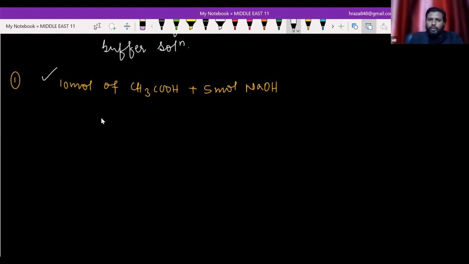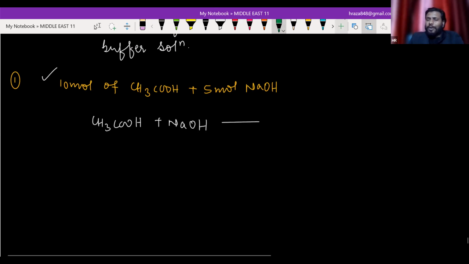Is it a buffer solution or not? If you write the equation CH3COOH plus NaOH, first see whether this forms a buffer. This is a strong base, so it won't form a buffer, because in a buffer solution we need a weak acid or weak base.